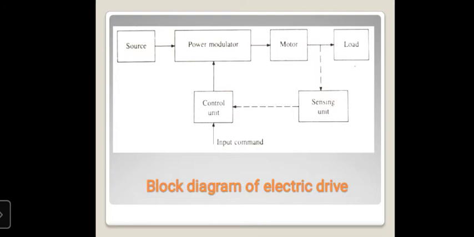This is based on the nature of the two field coils. And based on the position of the field coil, how many types of compound motor are available? Based on the position of the field coil, there are two types of compound motor.